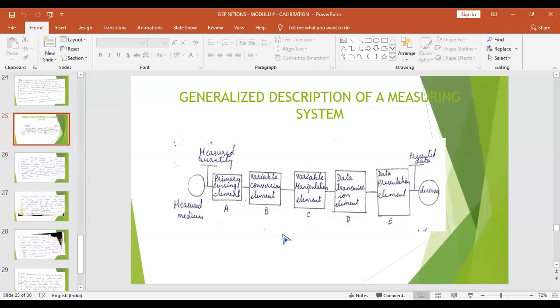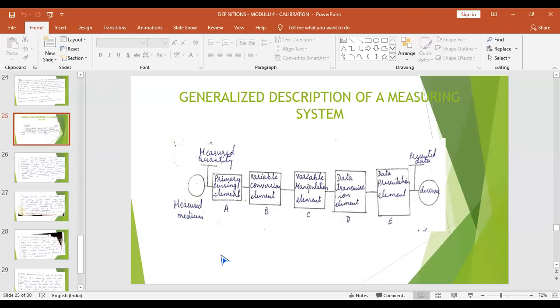So for measurement of bending strain, you can use the Wheatstone bridge. Next, come to the point: how do you use this generalized description of a measuring system for measurement of bending strain?